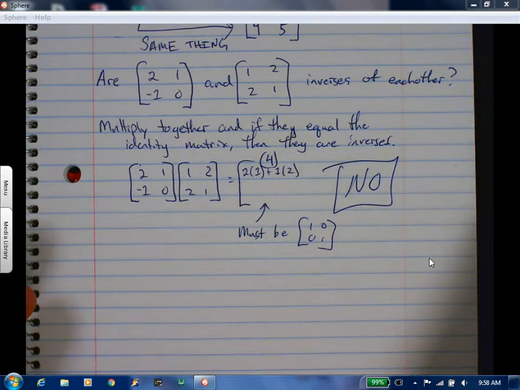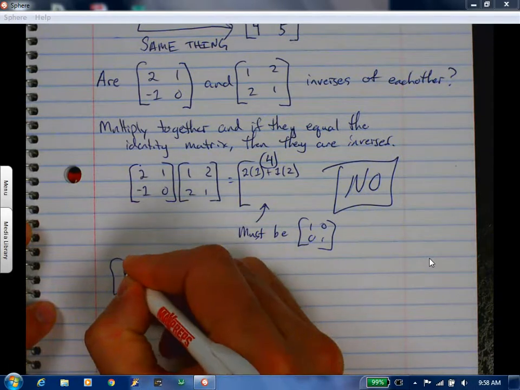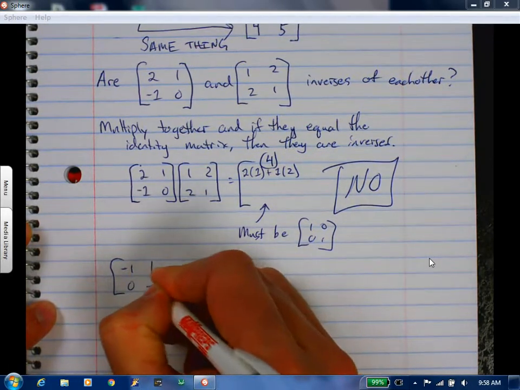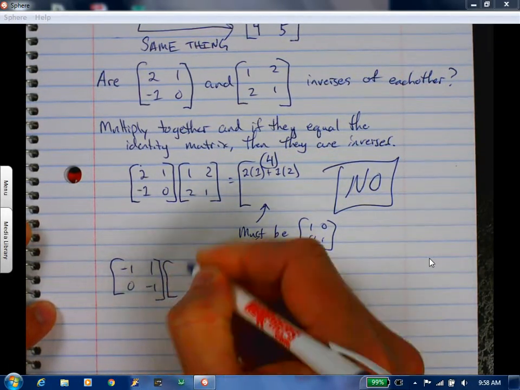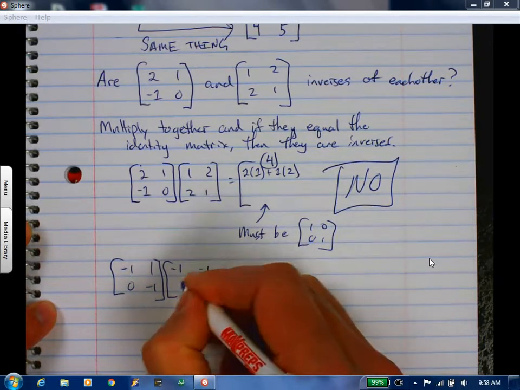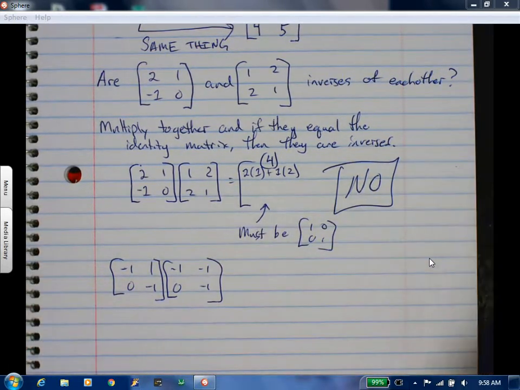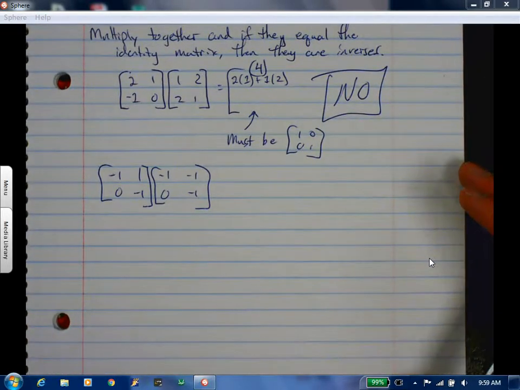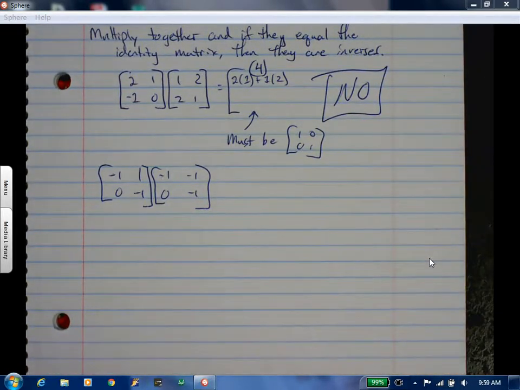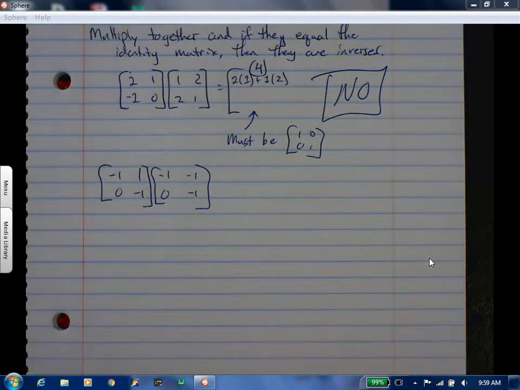What about negative 1, 1, 0, negative 1 with negative 1, negative 1, 0, negative 1? Go through it.